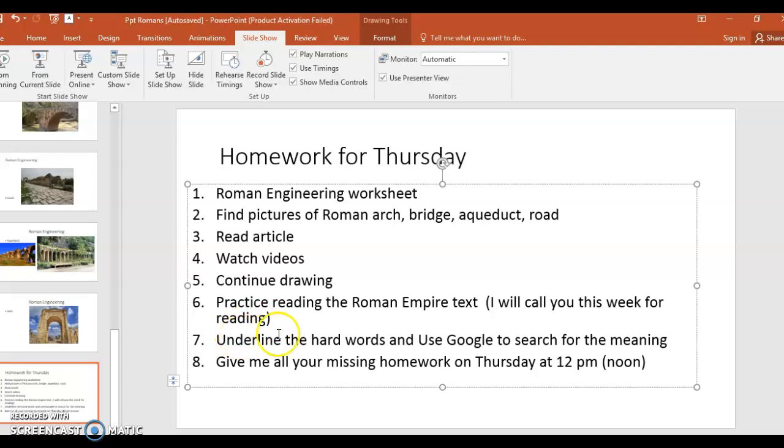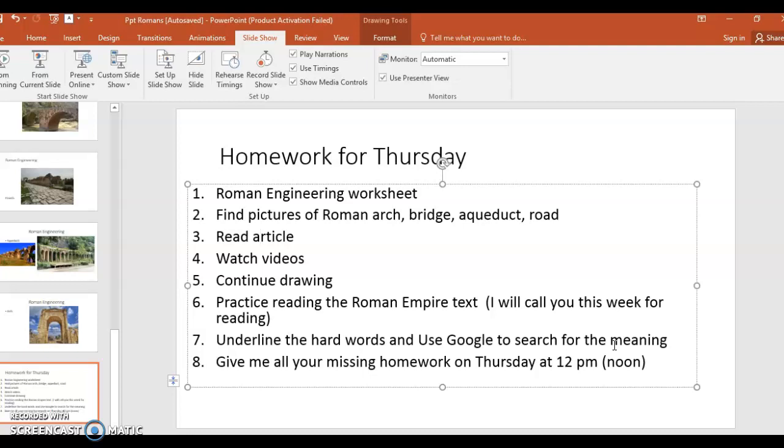Number 7, underline the hard words in the text of the Roman engineering, the one that we just read, and use Google to search for the meanings. Any word that you don't understand, I don't want to hear, miss, I didn't understand.